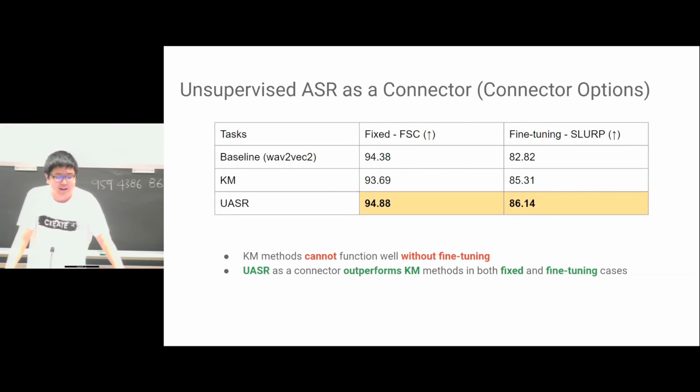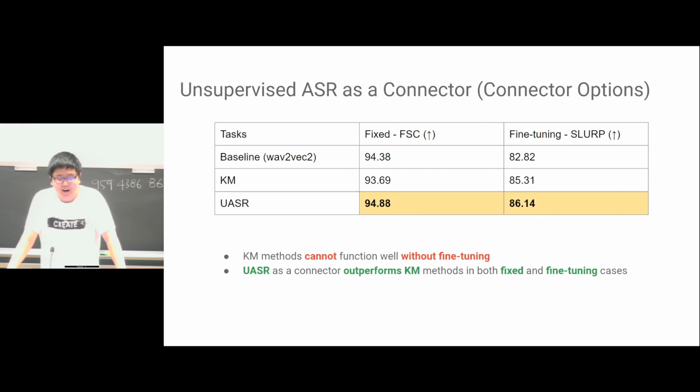We can clearly see better performance using unsupervised ASR as a connector. It turns out that the k-means method does not function well without fine-tuning, but we get significantly better results with unsupervised ASR in that case.